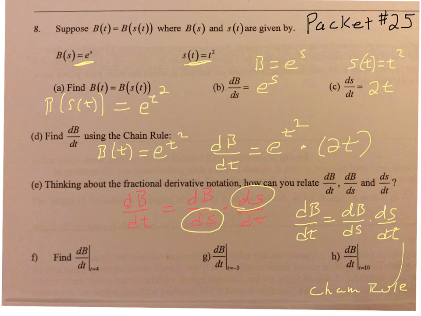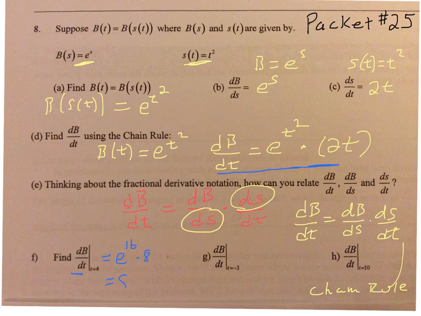So on part F, we want to find dB/dt when t is 4. Well, we have dB/dt we found in part D, and to evaluate that at 4, we'll just be substituting in 4 for the t. So I'd have e to the 16th times 8.